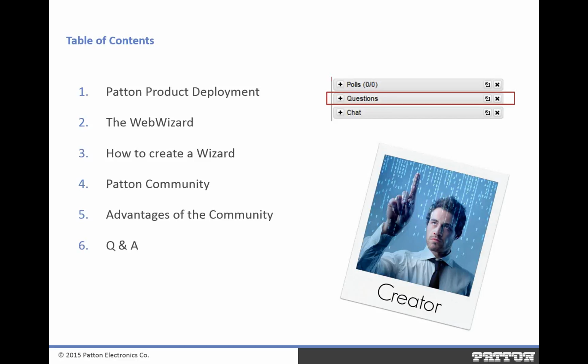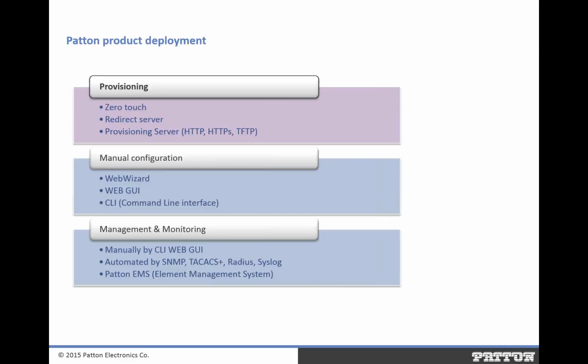Then, of course, we'll be talking about the Patton community platform we set up to share those wizards among all the Patton community members, and the advantages of the Patton community. Then Q&A at the end. If there should still be some unanswered questions, Brett and I will be glad to answer those questions.